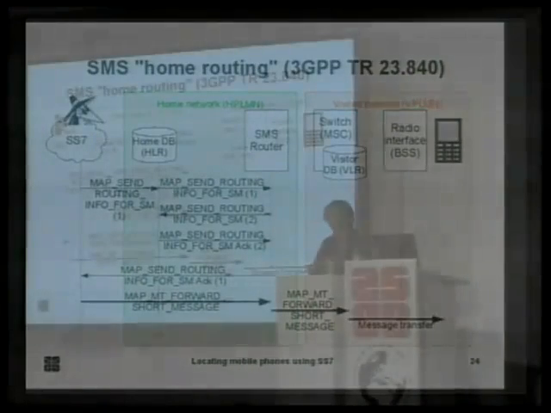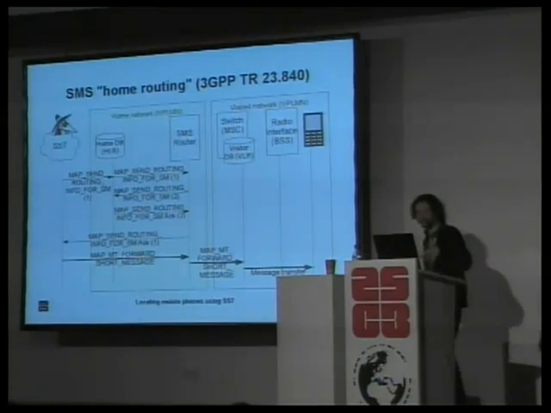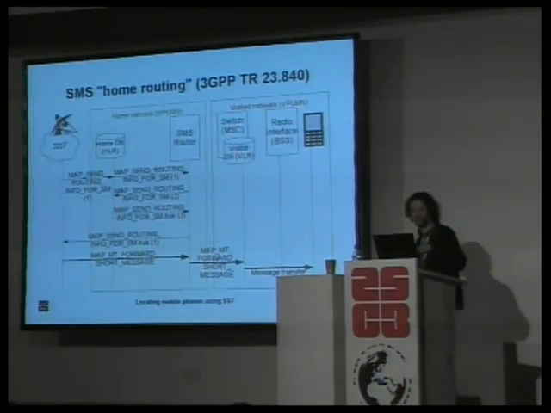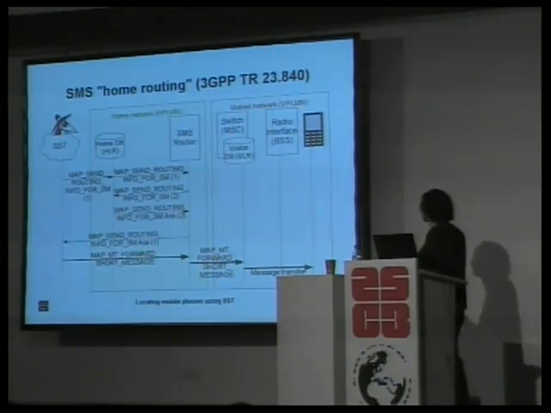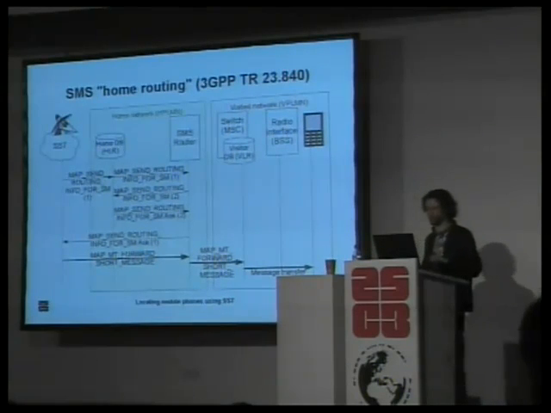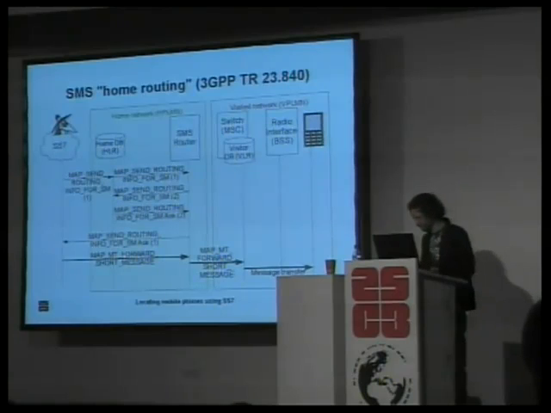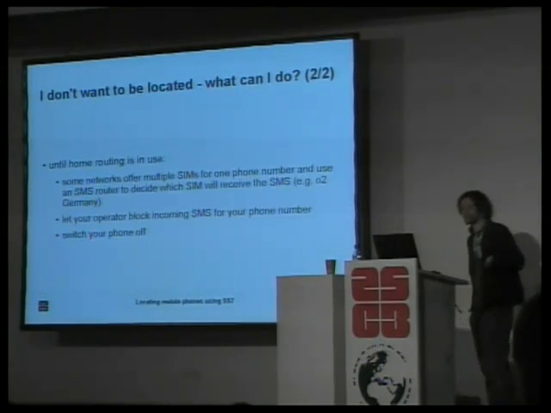The SMS router will replace that fake information with the real information that's normally contained in the routing information request, and will then forward the short message to the MSC you are currently using, and that will forward it to the phone. So yeah, that's until home routing is in use.